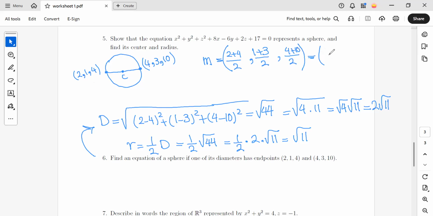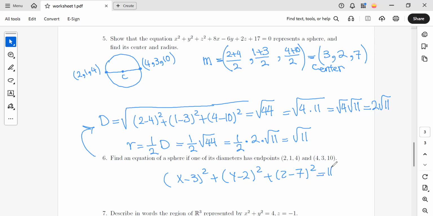That would be 6 divided by 2, which is 3, 4 divided by 2, which is 2, and 14 divided by 2, which is 7. Now we have the center, we have the radius. We're going to write the equation of the sphere, which is (x minus 3) squared plus (y minus 2) squared plus (z minus 7) squared equals 11.